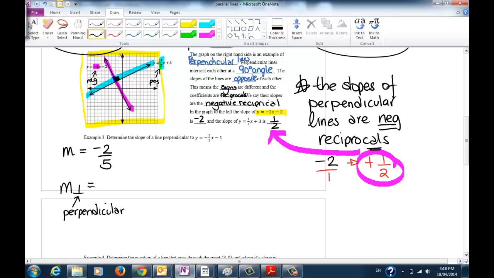First thing, I'm going to negate the original slope, so a negative times a negative is positive. To reciprocate means to flip, 5/2. The slope of a line perpendicular to y equals -2/5x minus 1 is 5/2.